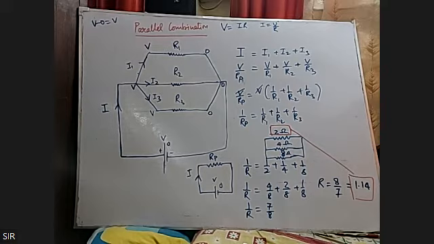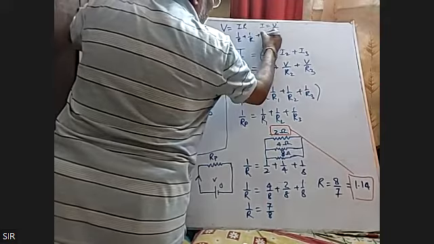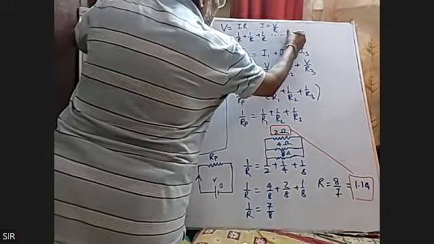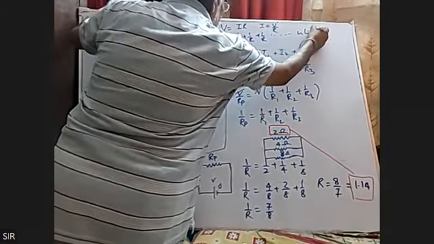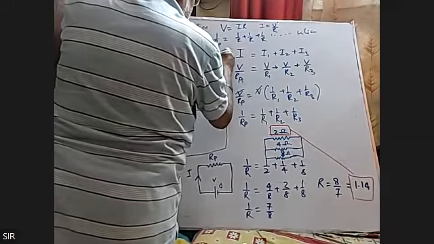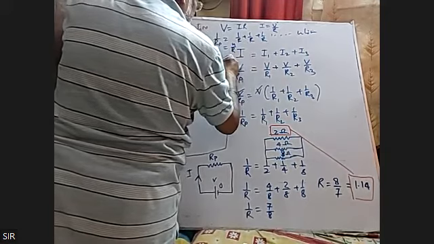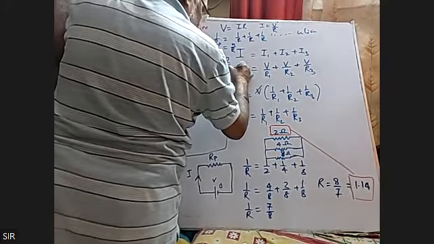So N by R. But that is 1 upon Rp. So Rp will be R by N, or not? 1 upon R plus 1 upon R plus 1 upon R, N times, is 1 upon Rp. So 1 upon Rp is equal to N by R. So Rp will be R upon N.